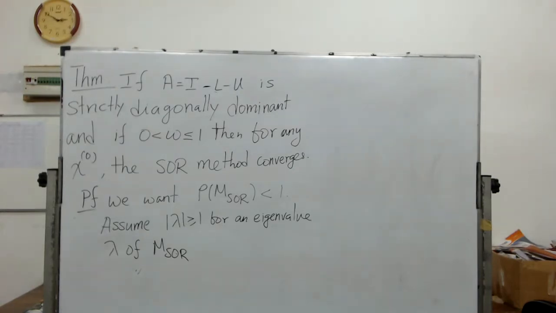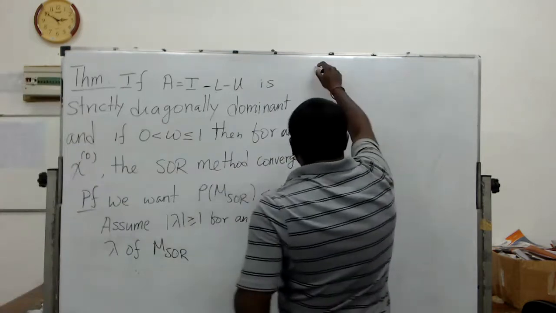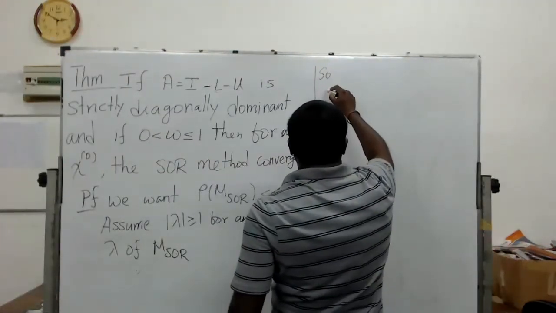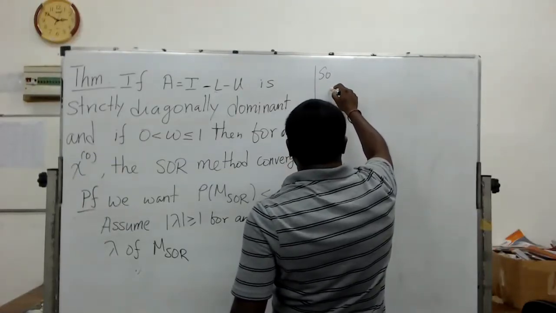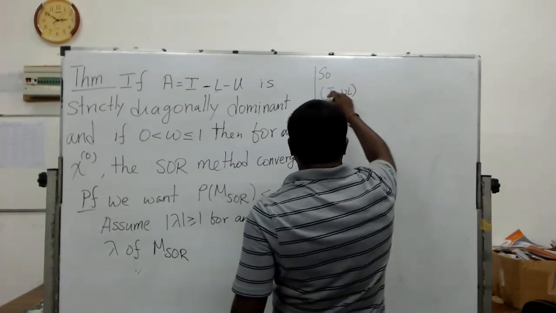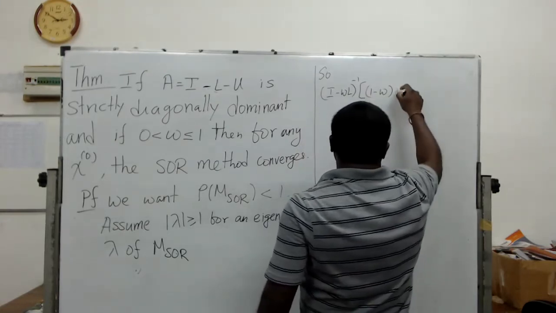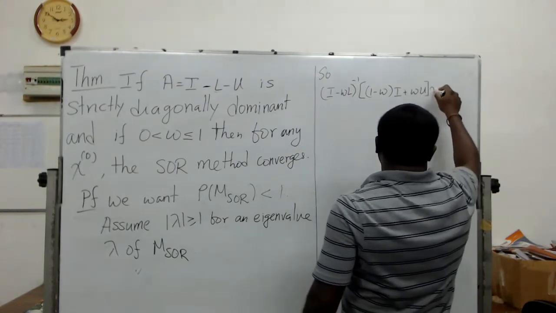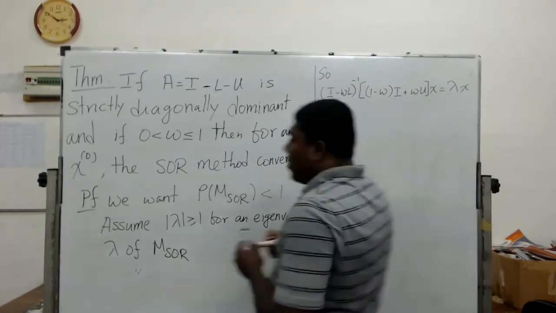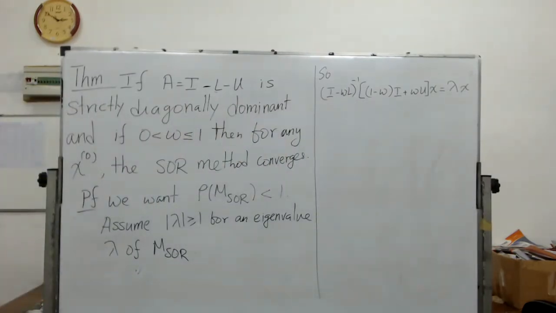So obviously you can write it out here: if x is an eigenvector associated with the eigenvalue lambda, then for MSOR, MSOR times x is equal to lambda x. So what you have here is this.